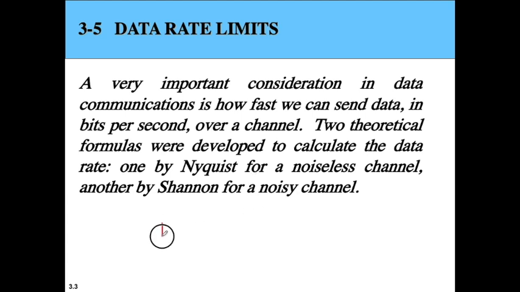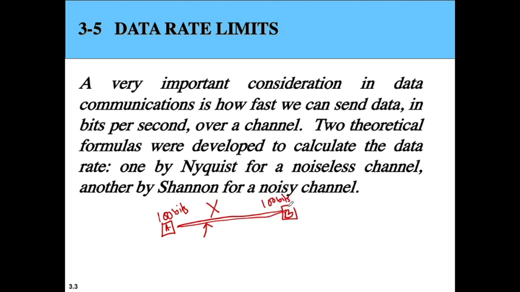For example, if you have a device A and another device B to which you want to send some data, for a noiseless channel we assume that there is no noise in the medium or link that connects device A with device B. That means if A wants to send 100 bits of information, B will receive exactly 100 bits of information.